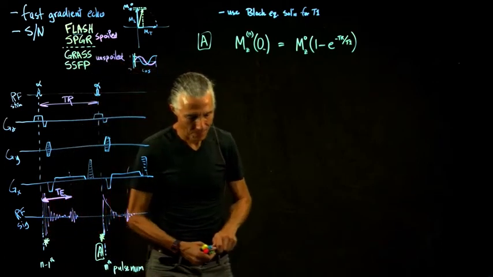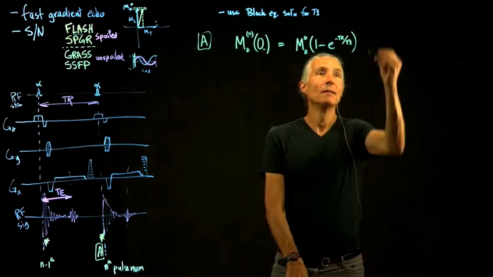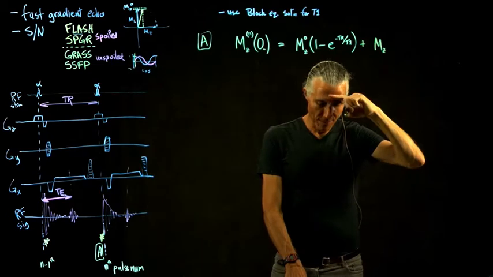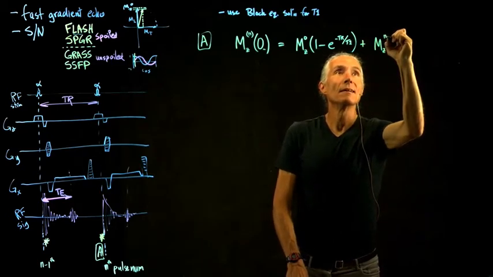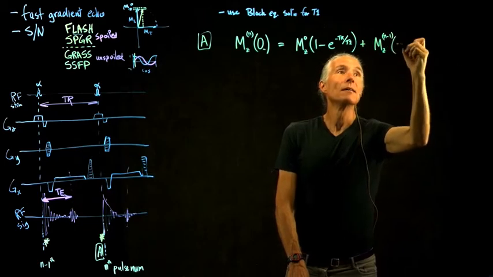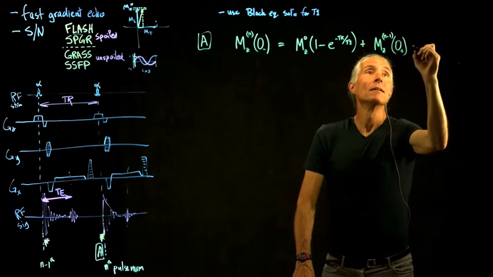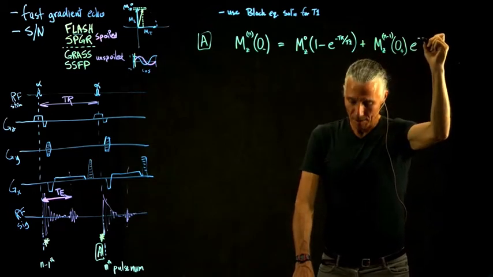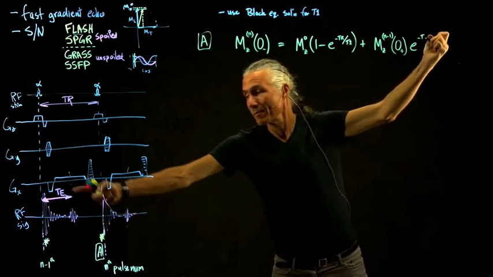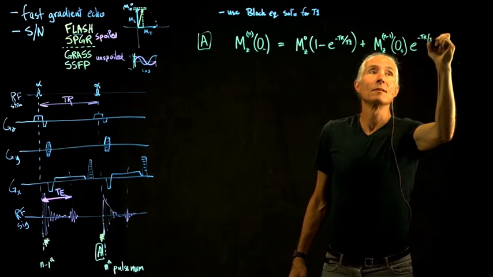So that's plus whatever magnetization on the n minus 1 pulse right after we did it. That's the 0 plus. And that's times, because we're now trying to figure out this point, we have to decay that one, so it's also decayed by e to the minus TR over T1.